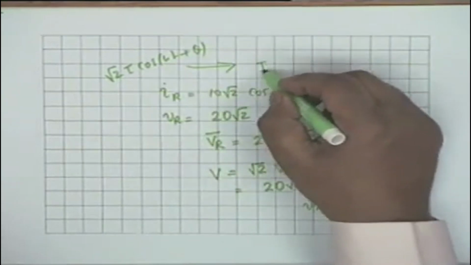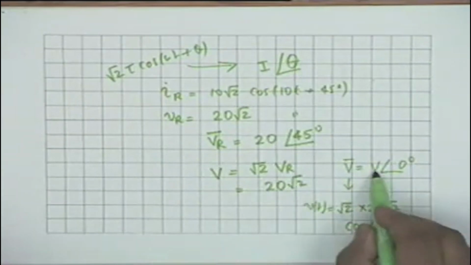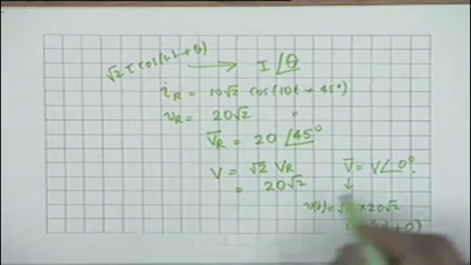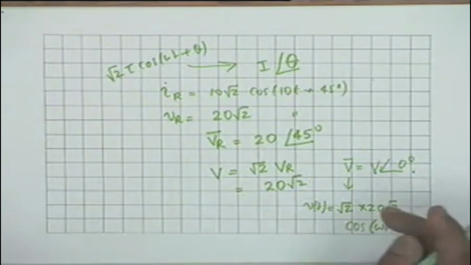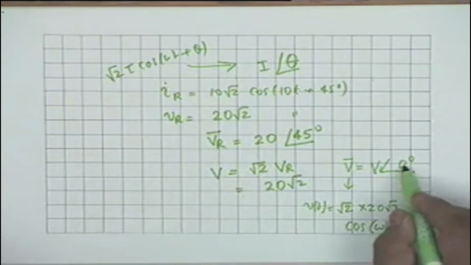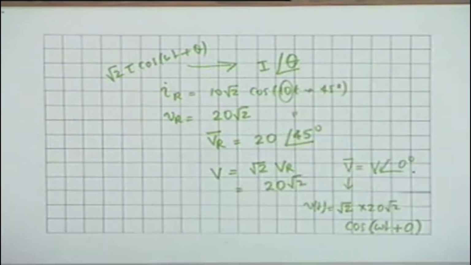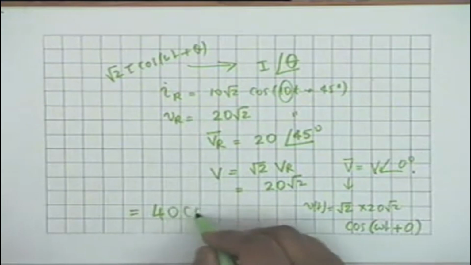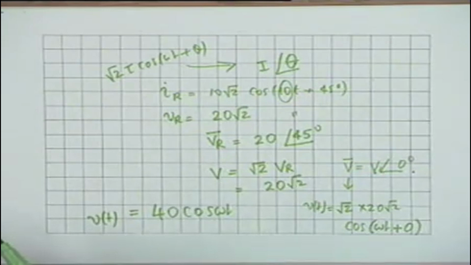Now we have to find V angle 0 degree. What is the corresponding vt? So we multiply V by root 2 to get the amplitude and cosine of omega t plus the angle, which is 0. And omega is 10. Therefore this is the result: 40 cosine of omega t. We will do more examples to illustrate this.